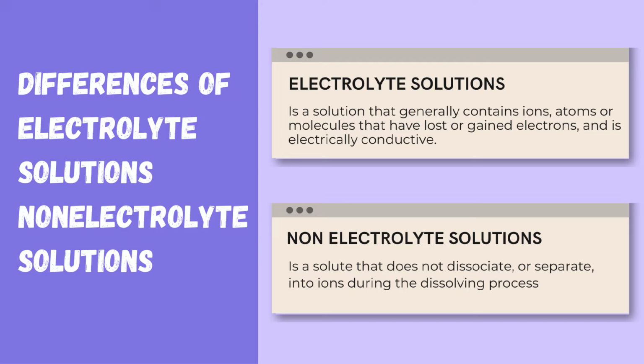An electrolyte is a solution that generally contains ions, atoms, or molecules that have lost or gained electrons and is electrically conductive, while a non-electrolyte is a solute that does not dissociate into ions during the dissolving process. Let me explain what an electrolyte is, while Ms. Del Ballesteros will explain what a non-electrolyte is later on.